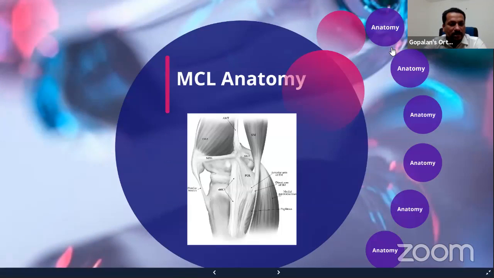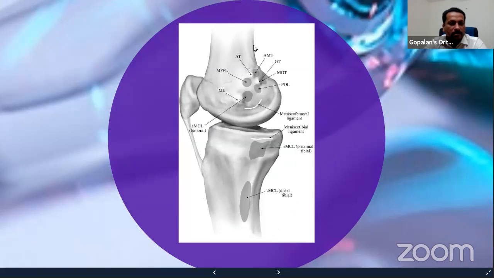The reason I'm asking is you drew a line along the posterior cortex of the femur, and then you drew a line along the Blumensaat line.